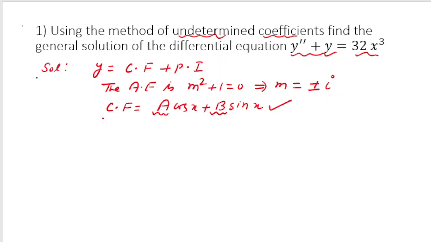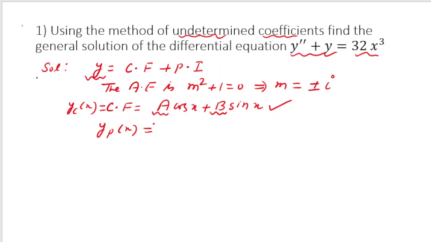So to find it, we select a trial solution, like yp(x). This yp(x) just signifies that this is the particular integral part of the general solution. Sometimes people write the complementary function as yc(x) also, to highlight that it is the complementary function part of the solution y.